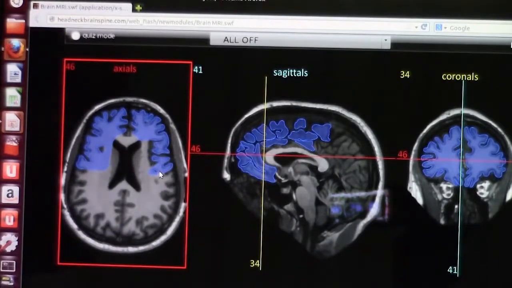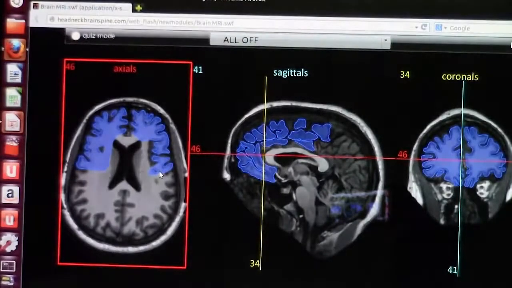Second, if the structure you are looking at is normal or abnormal. And third, if it is abnormal, you need to know if this abnormality is a normal variant or a pathology. And if it is pathological, you need to know how to provide a differential diagnosis.